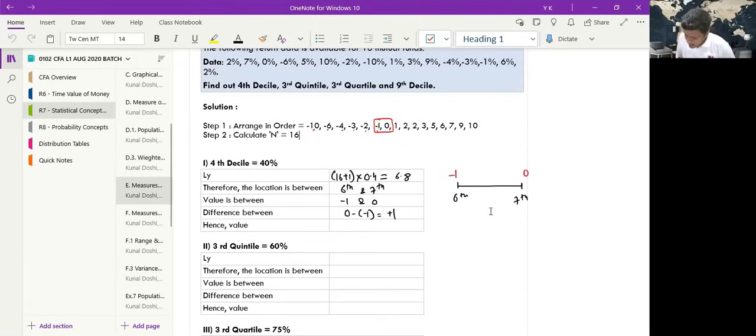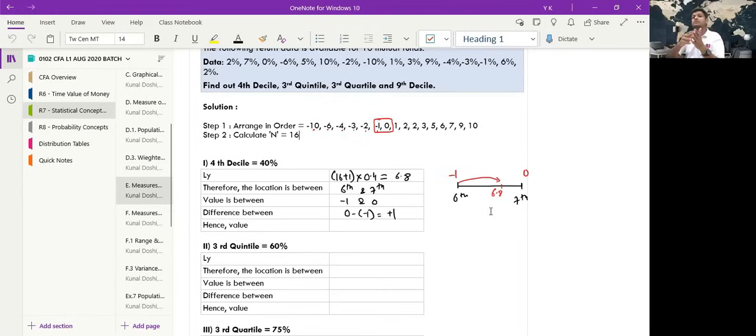And where do I have to reach? Do I have to reach till the entire 7th? No, I have to reach till the point which is 6.8. Are you getting it? The entire gap is of one number, but I don't have to reach till the entire gap.